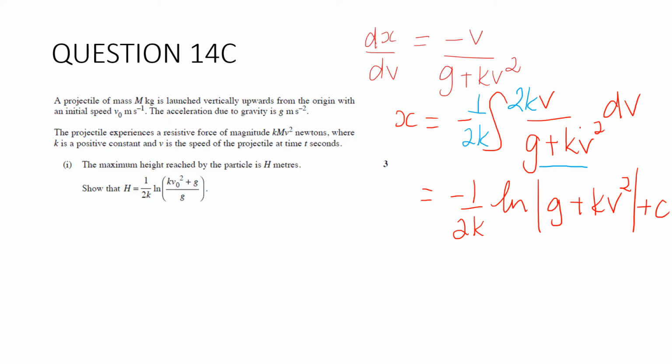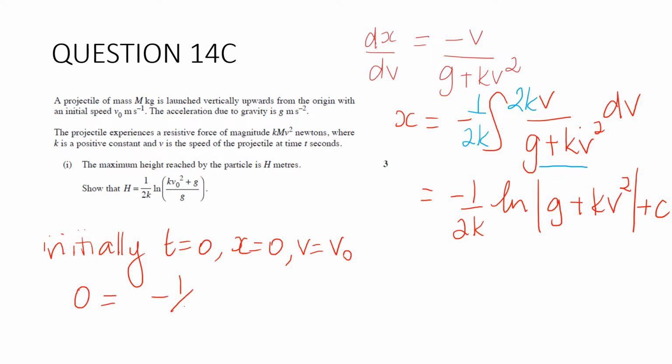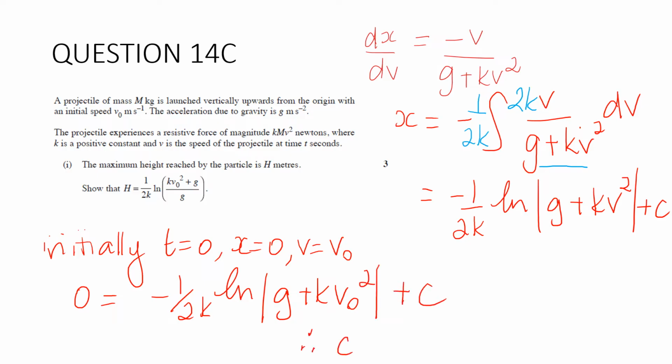Now, initially, t is equal to 0, x is equal to 0, and v is equal to v naught, which means that 0 will equal negative 1 on 2k ln(g plus kv naught squared) plus c. Therefore, c is equal to 1 on 2k ln(g plus kv naught squared).